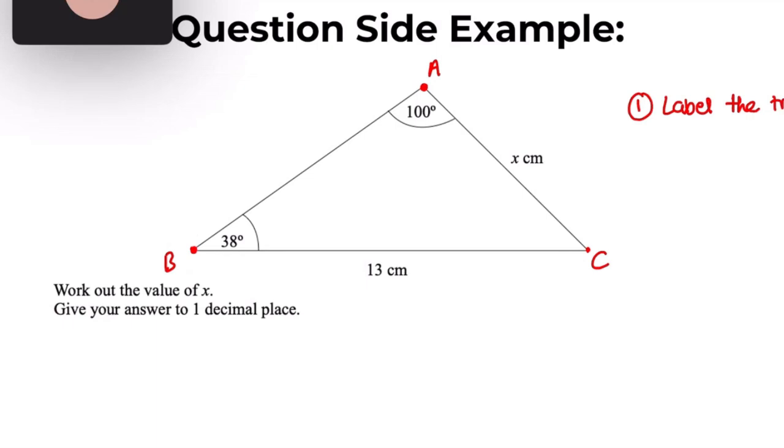Now I'm going to label the sides. Opposite this corner, we have our lowercase a. Opposite this corner, we have our lowercase b. And then opposite this corner, we have our lowercase c.